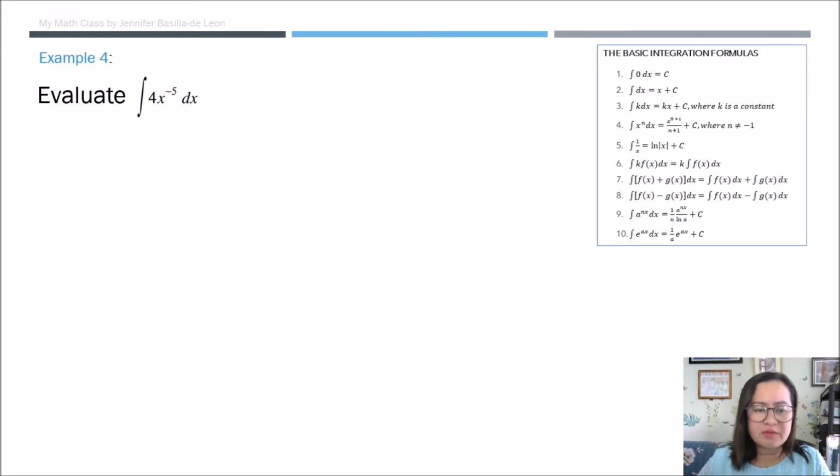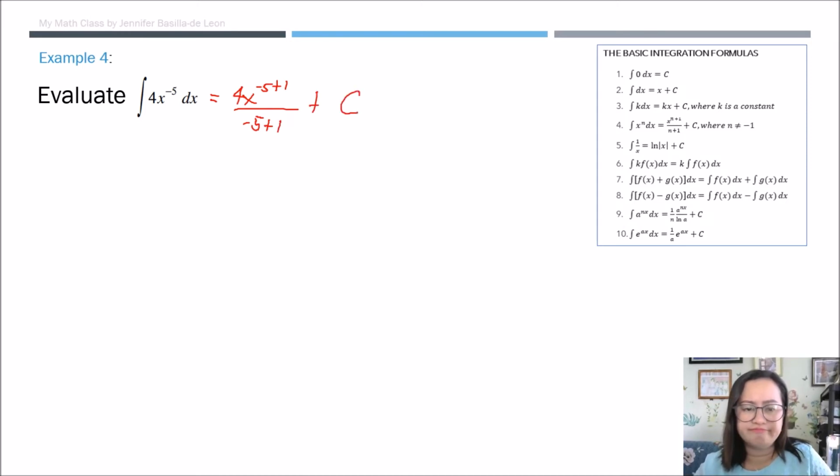Now let's evaluate the antiderivative of 4x raised to negative 5 dx. Now doing the same thing, we will have 4x raised to negative 5 plus 1 over negative 5 plus 1 plus c. Then we will have 4x raised to negative 4 over negative 4 plus c.